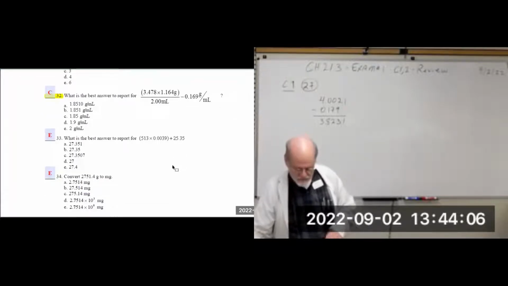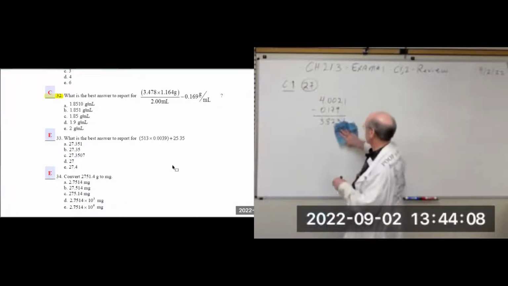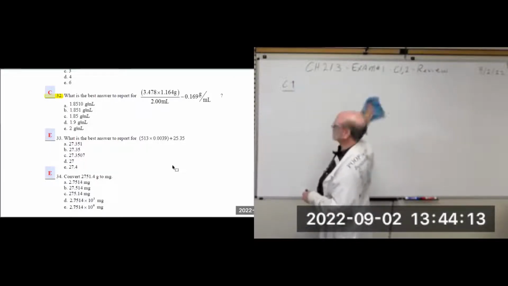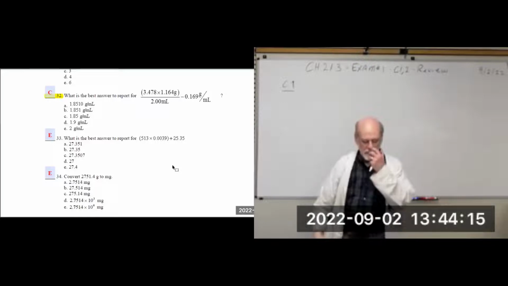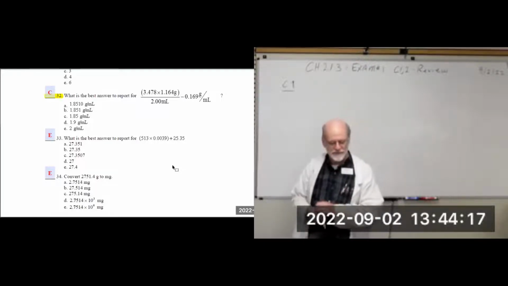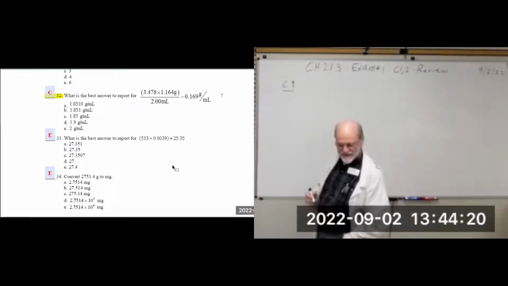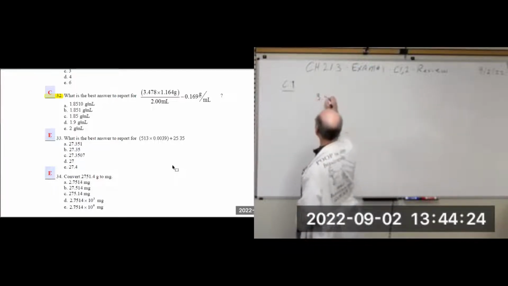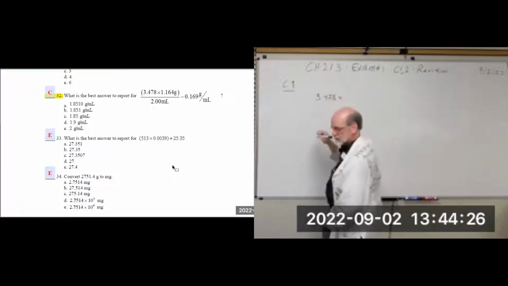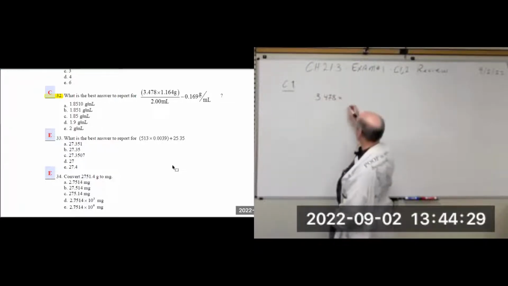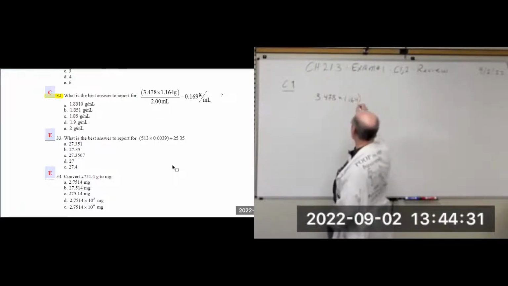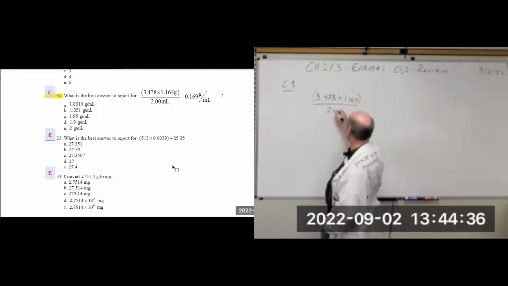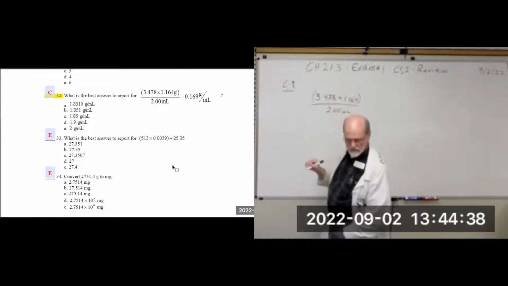There it is, 32. Do these mixed calculations give you any trouble? Okay, let's look at this one. 3.478 times 1.164 divided by 2.00, and that's milliliters.